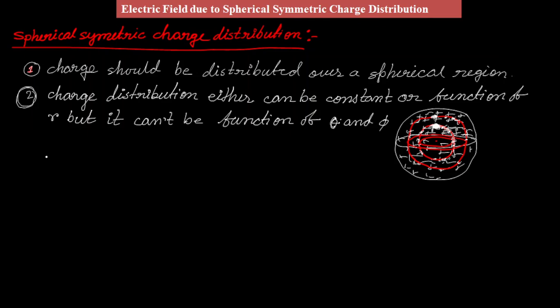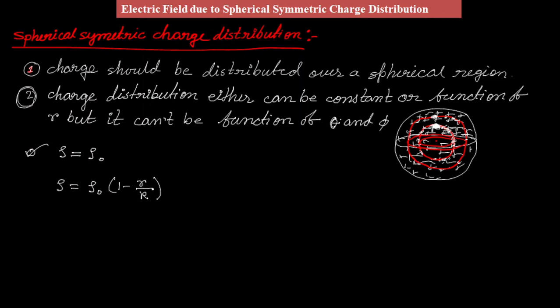So that means if I give you a charge density like rho equals rho naught, which is a uniform charge density, and this charge is distributed over a spherical region, then this charge has spherical symmetry. Now if I give you a second charge distribution, where the charge density is rho naught times 1 minus r divided by capital R, where capital R is the radius of the given sphere and small r is the distance from the center of the sphere.